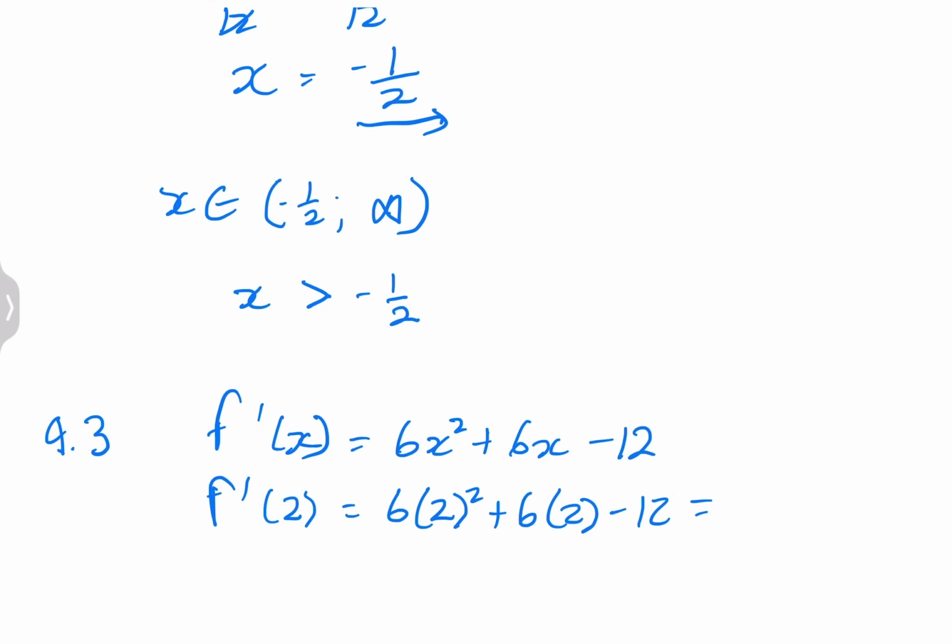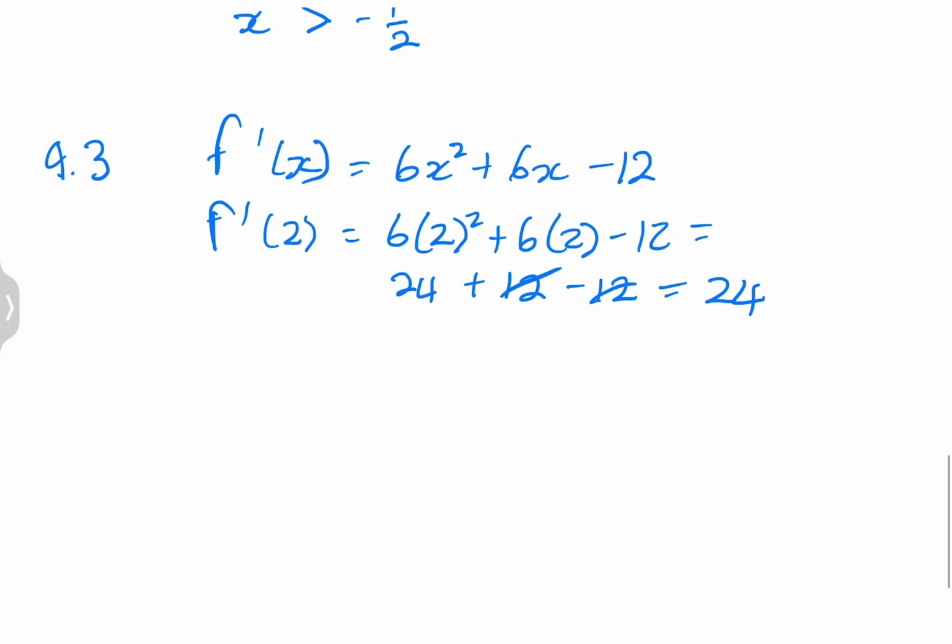So I've got 24 plus 12 minus 12. Those will cancel and we'll be left with 24. So our gradient is 24.